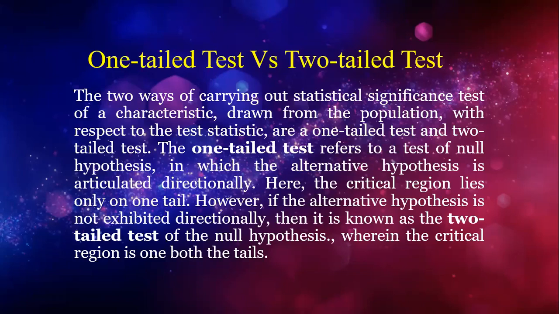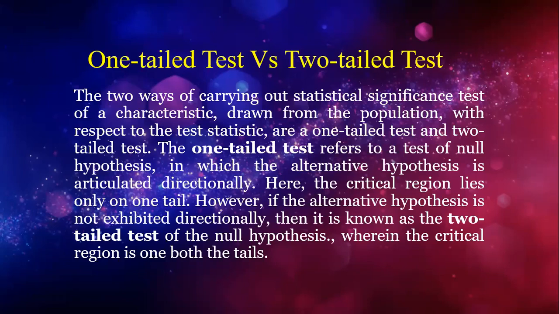Therefore, in research we keep it at either 1% or 5%, because it is very difficult to say that our result is 100% correct, in statistics and in mathematics as well.